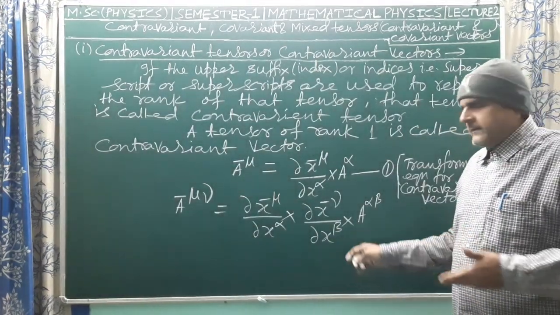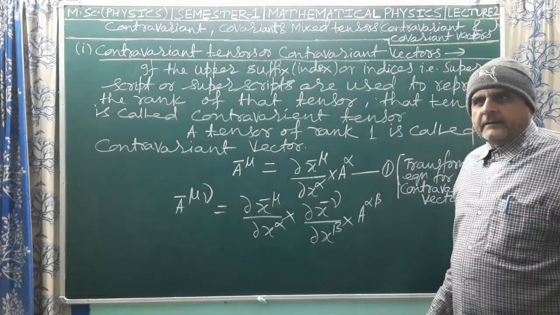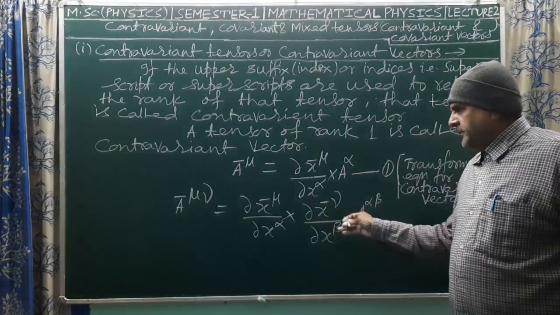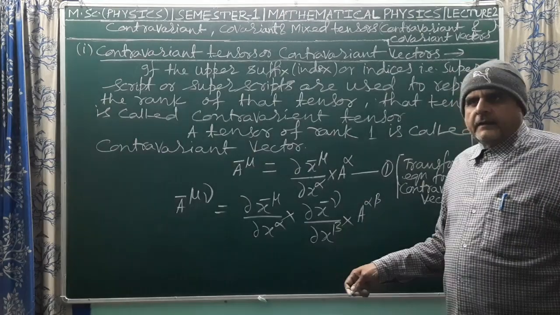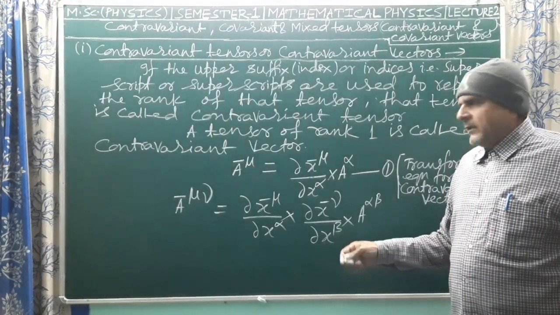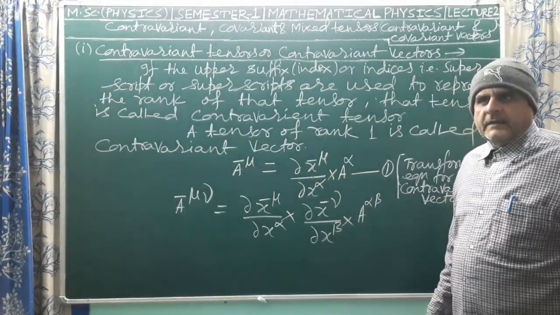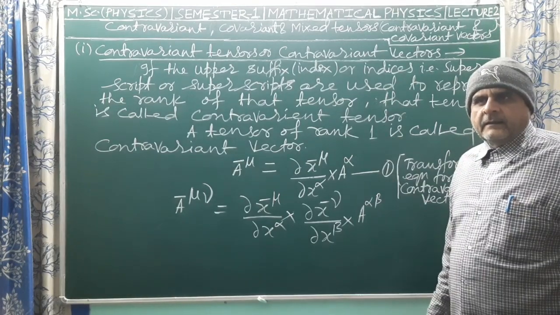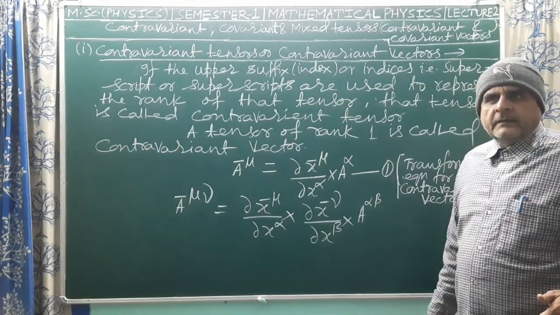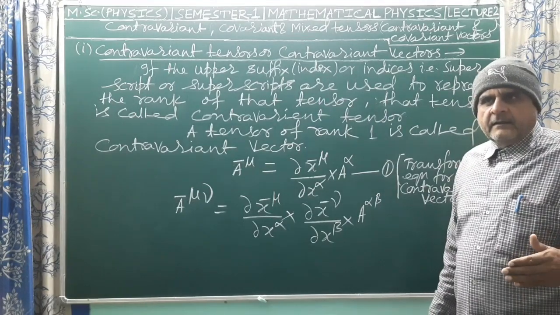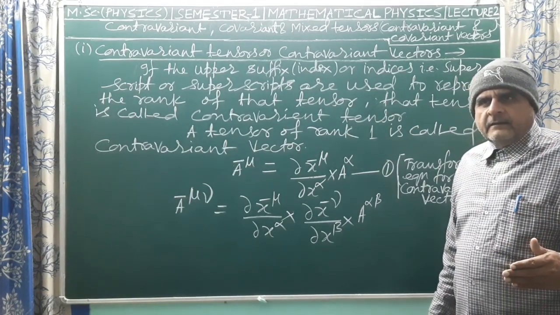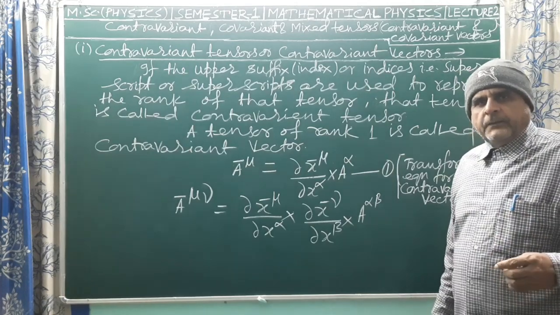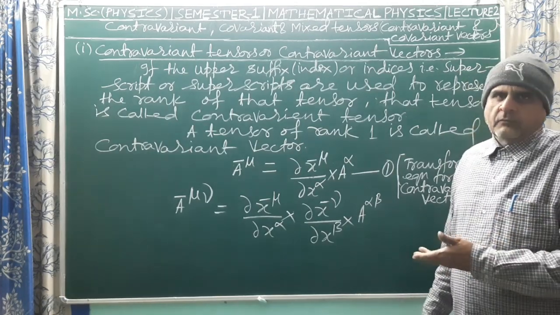If this relation is satisfied, then the components of this tensor, a to the power mu nu, are said to be the components of a contravariant tensor of second rank, or rank 2.